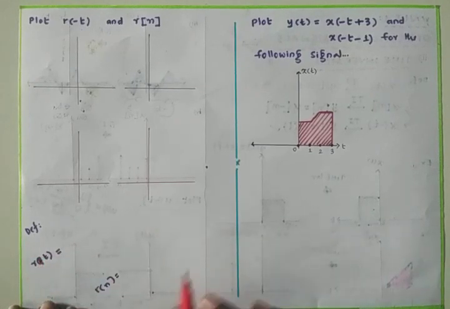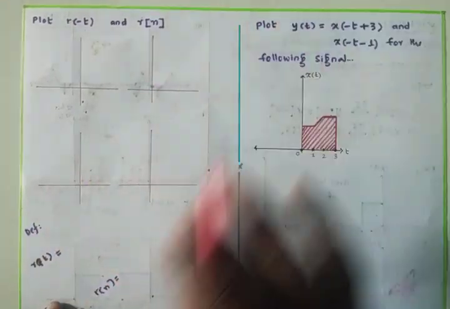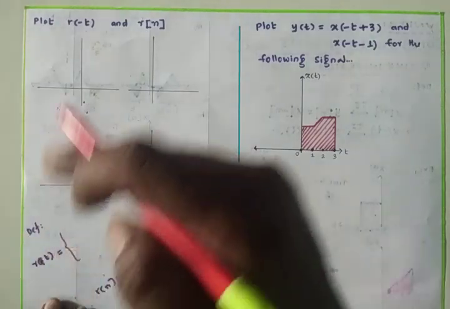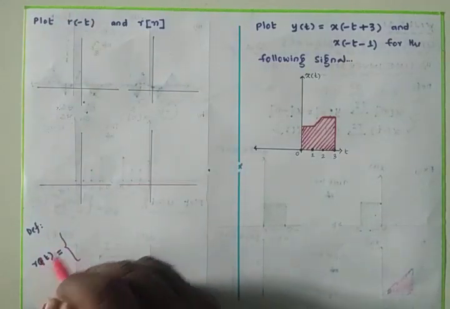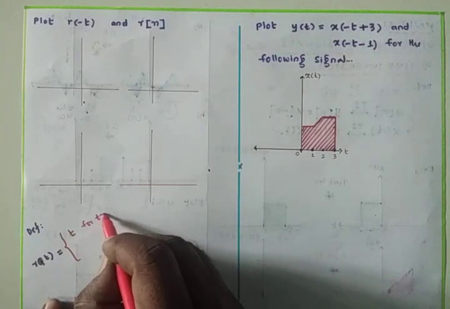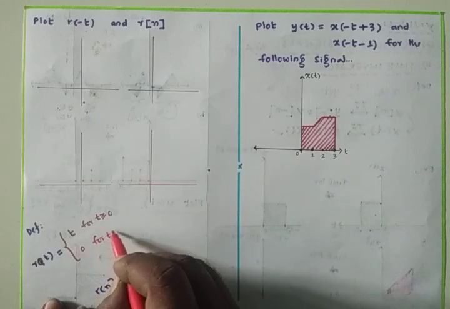You have to define it. R of t is nothing but a ramp signal, a linearly increasing signal. If the t value increases, the amplitude of the signal also increases. R of t is equal to t for t greater than or equal to 0, otherwise it is 0 for t less than 0.